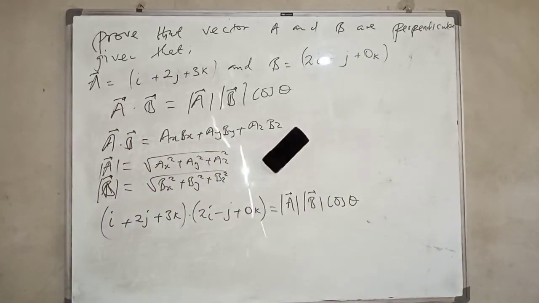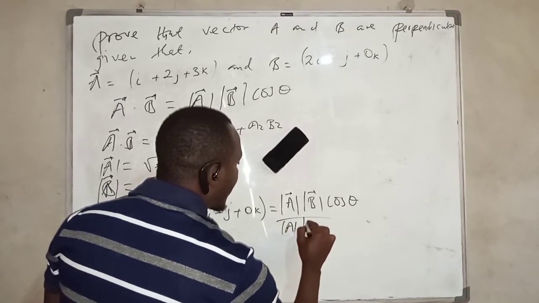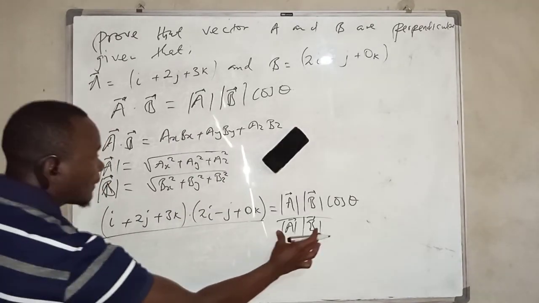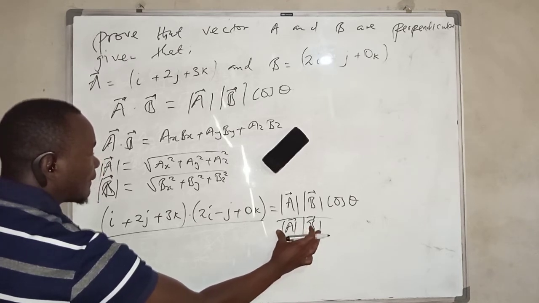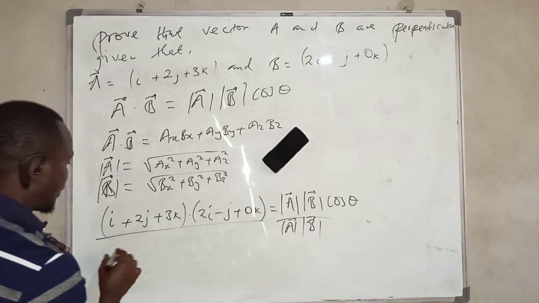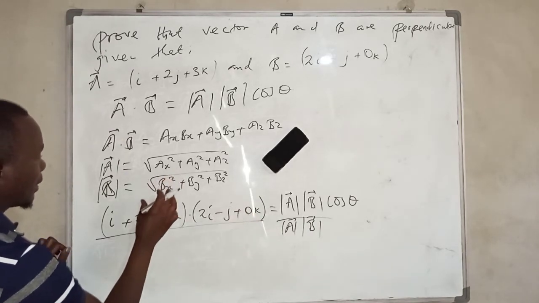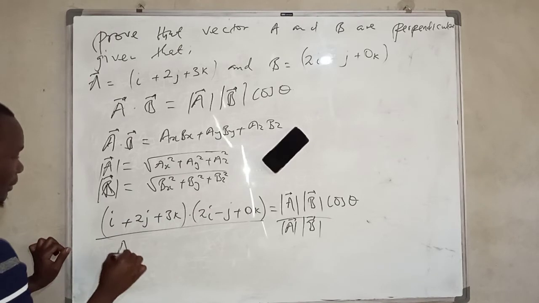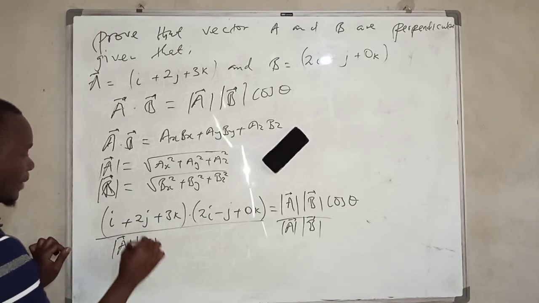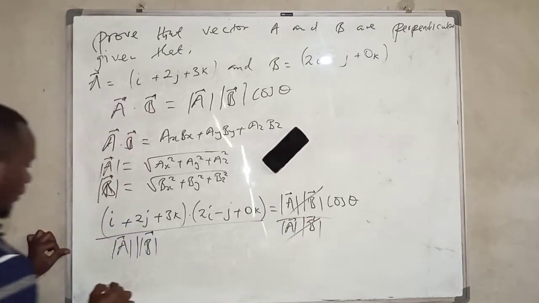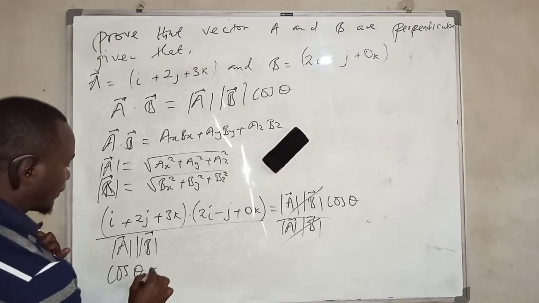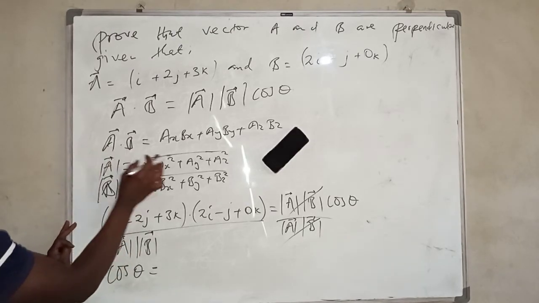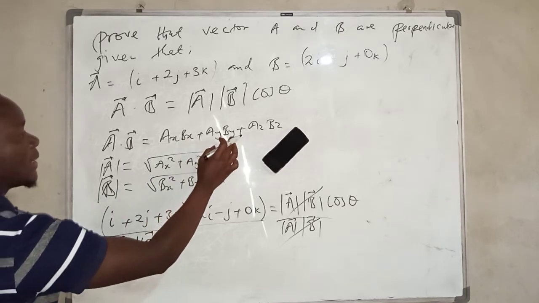So without wasting much time, we can divide by the magnitude of A and the magnitude of B. So that this and this will cancel, and what we're going to have is cos theta is equal to A dot B, which is AX BX plus AY BY plus AZ BZ.